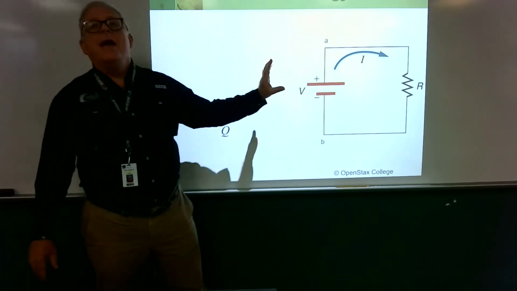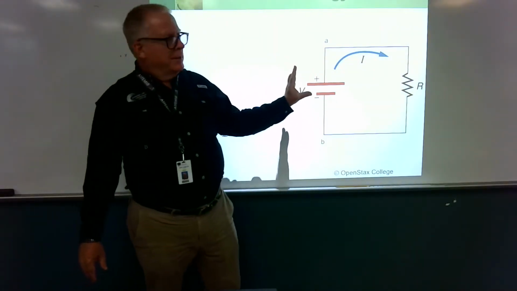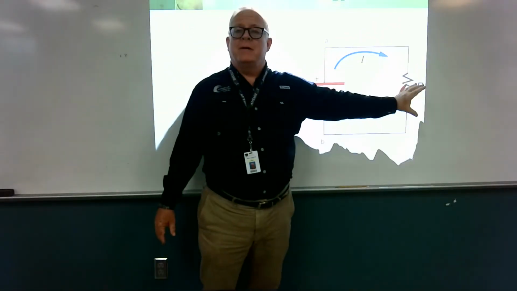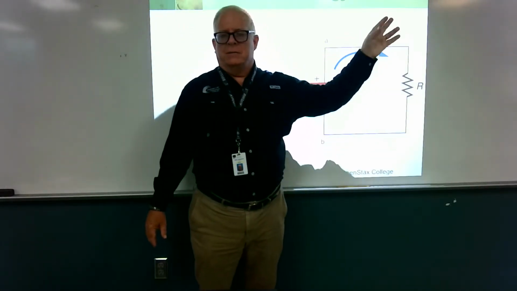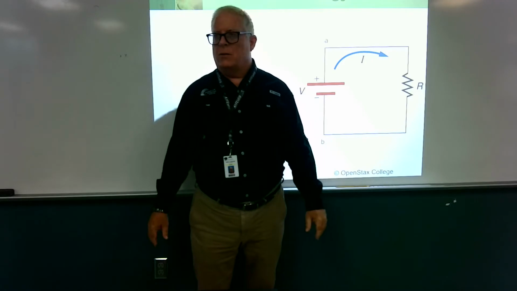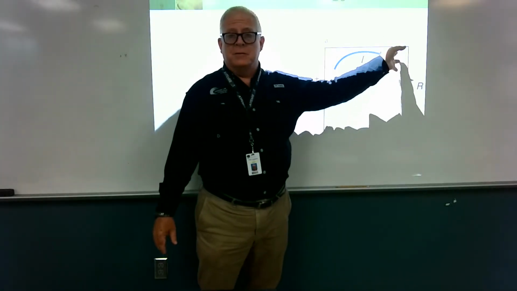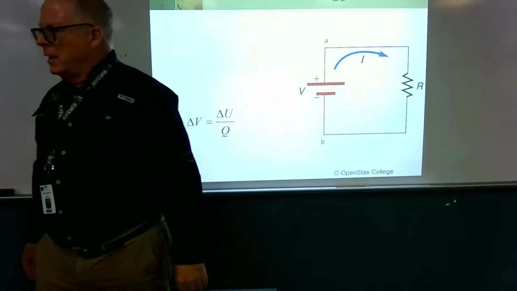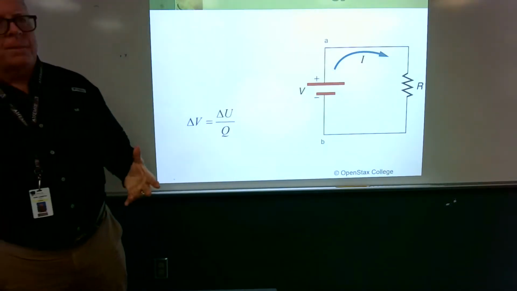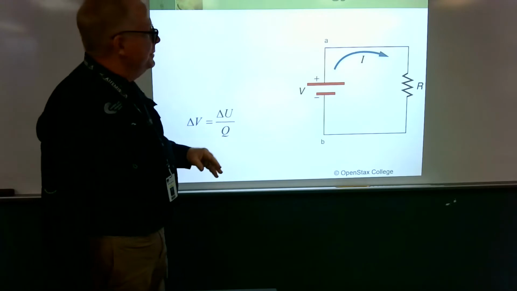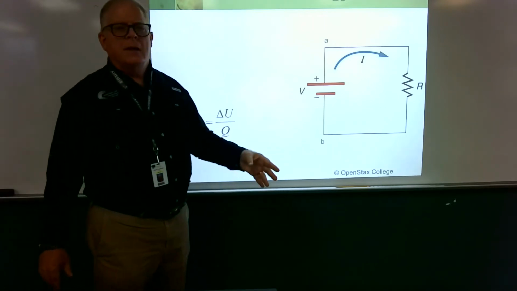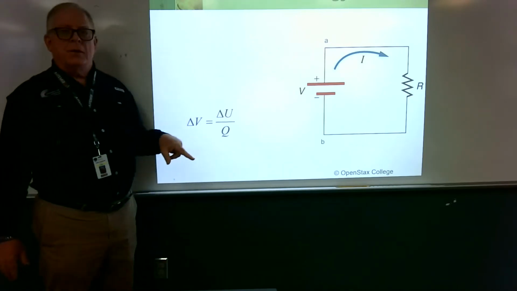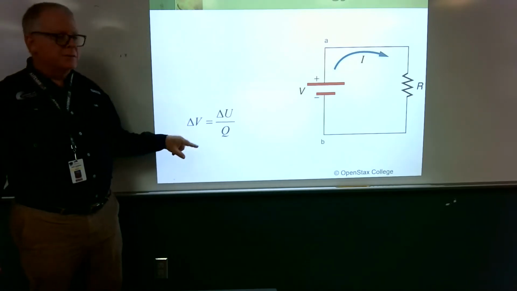But anyway, energy is being transferred from potential energy here into some other kind of energy in that resistor, be it heat, or the resistor stands for everything that's useful in the circuit that it's doing for us, like providing light or whatever it is. Well, in order to talk about how much energy is being transferred per second, let's get how much energy is being transferred per coulomb of charge that flows through my circuit.